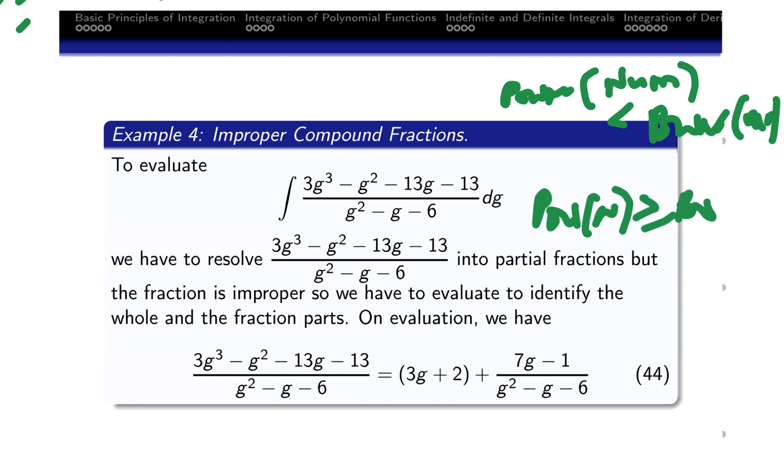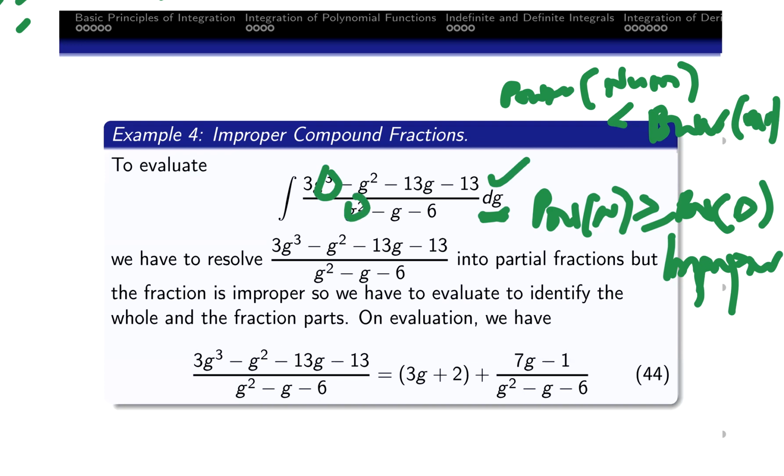Once it is improper, there's an approach to handle that, which is why we're here. For instance, look at this now. The highest power of G is in focus because you are integrating with respect to G. For the numerator, the highest power of G is 3, and the highest power of the denominator is 2. So automatically this is improper. Even if the highest power here is 2 and the highest power here is 2, it is still improper.